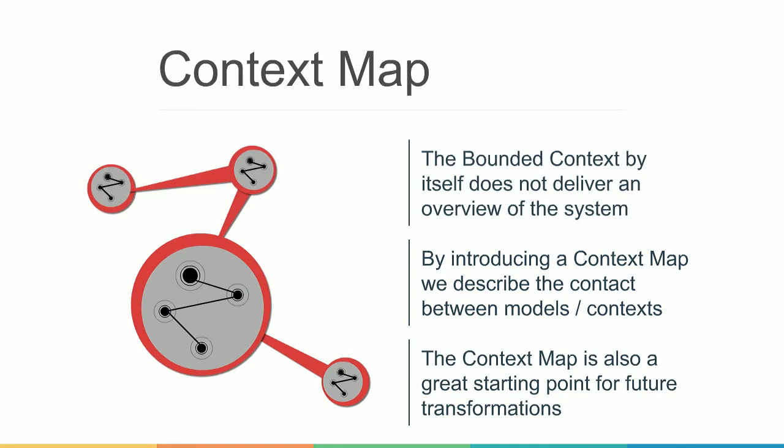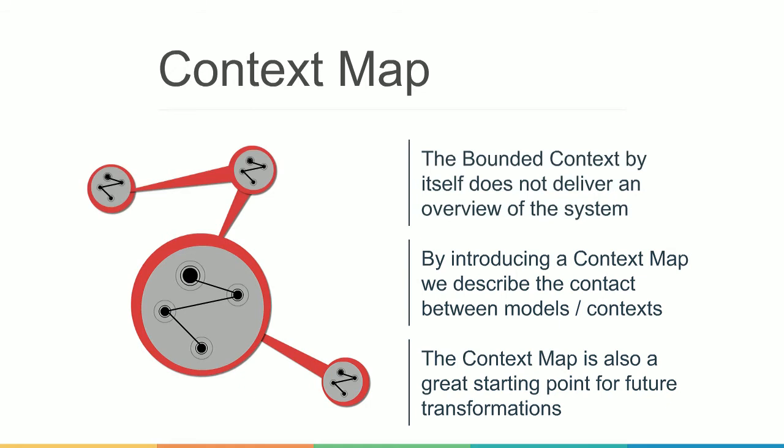And this is exactly where the context map steps in. And in my eyes, the context map goes way further than just looking at delivery relationships between systems. It goes deeper than the usual enterprise architecture view of a system landscape.